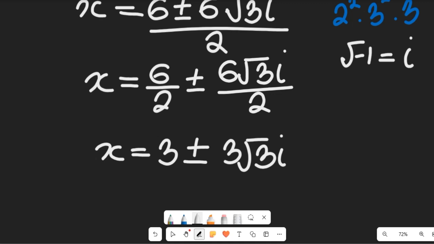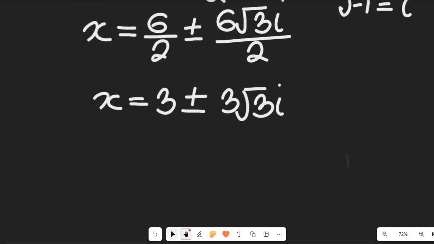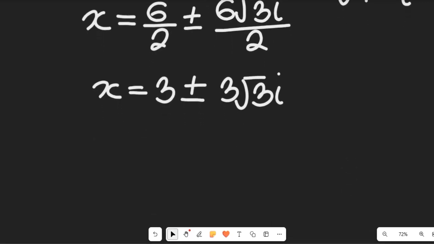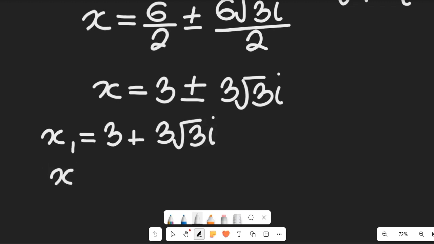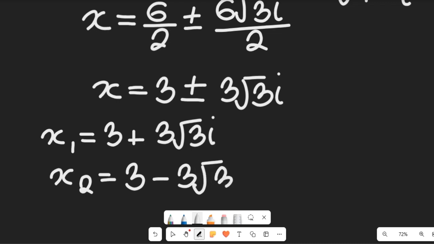So from this solution now, we can see that our x1 is equal to 3 plus 3 root 3i, and then our x2 is equal to 3 minus 3 root 3i.